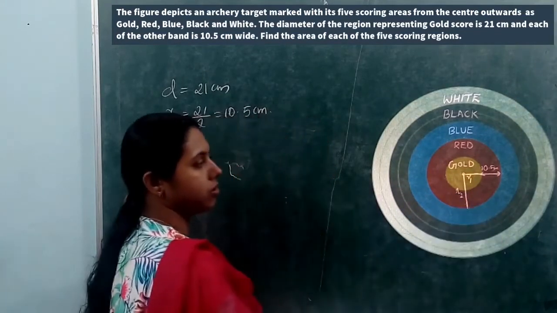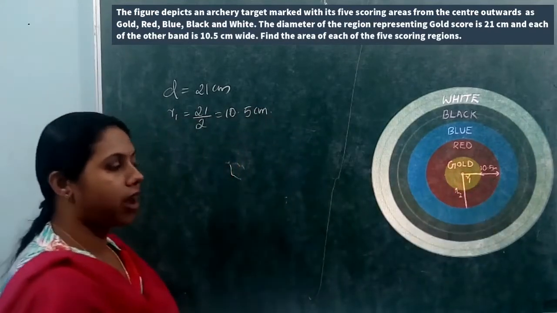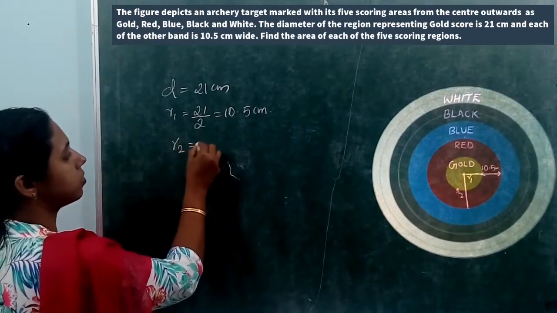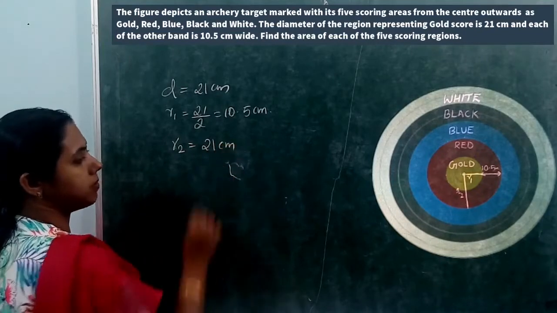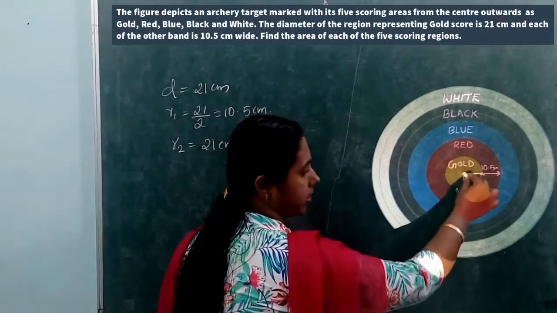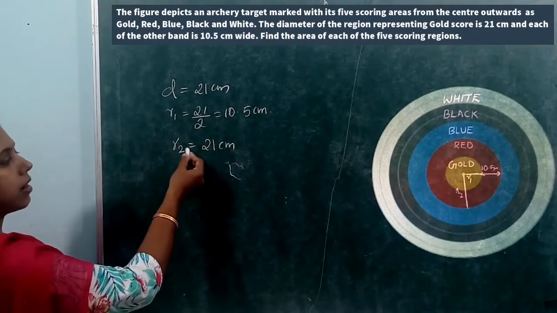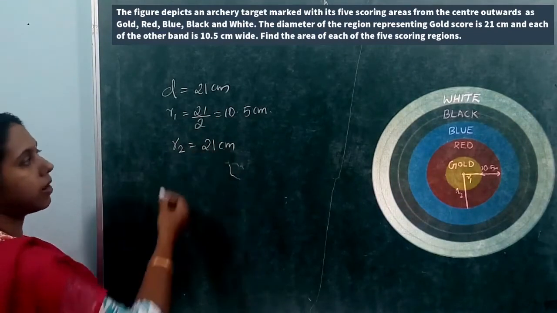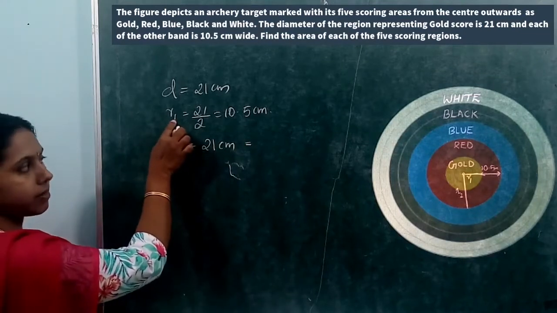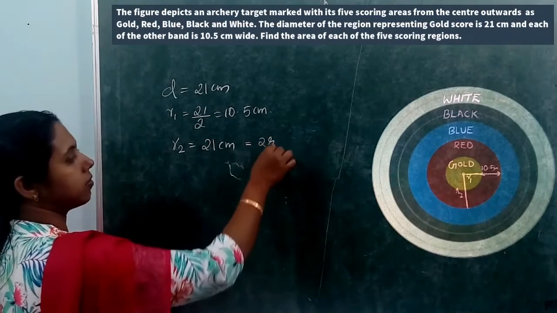R2 is equal to 10.5 plus 10.5, that is equal to 21. R2 is equal to 21 centimeter. This is R1 and this is R2. So R2 is equal to 21 centimeter, that is equal to double of this radius R1, so you can write it as 2R1.